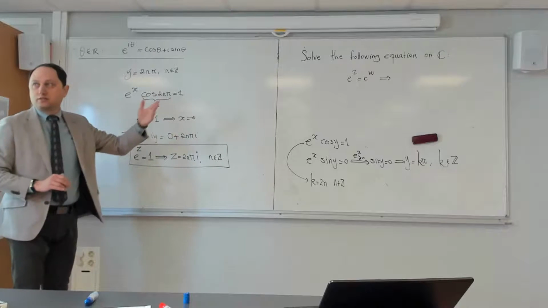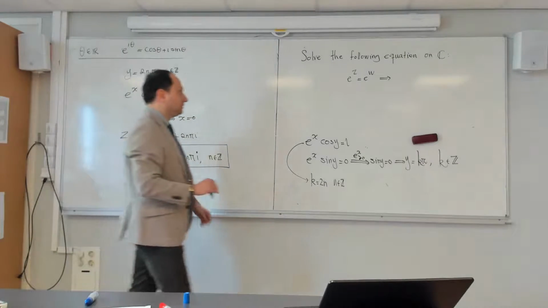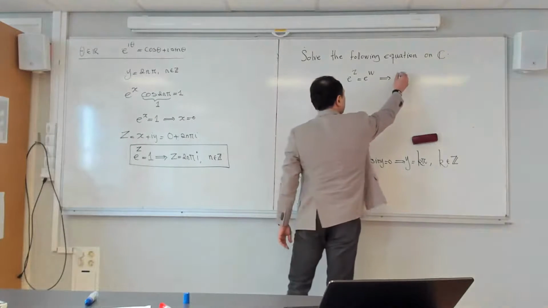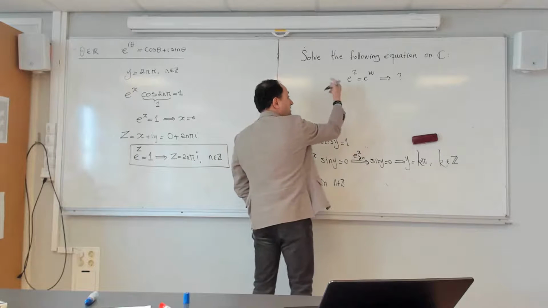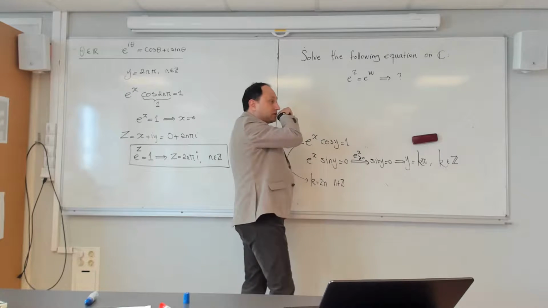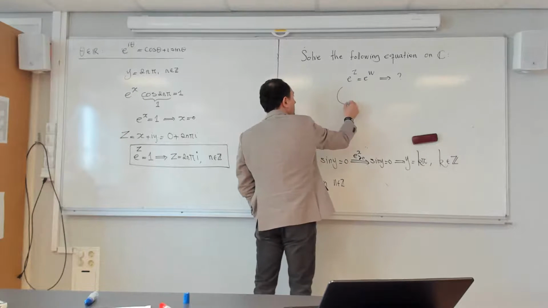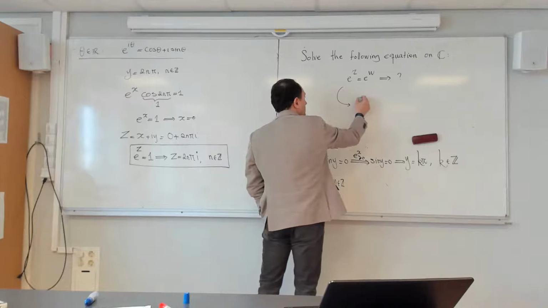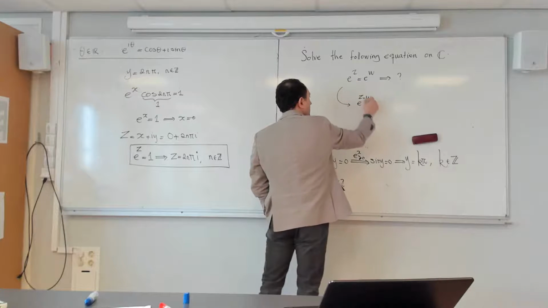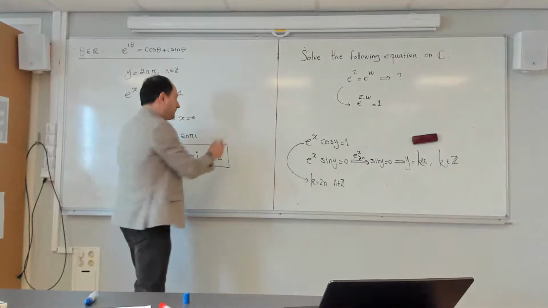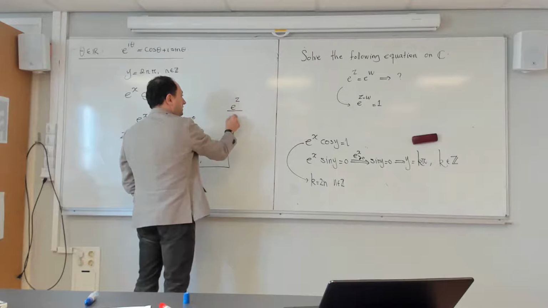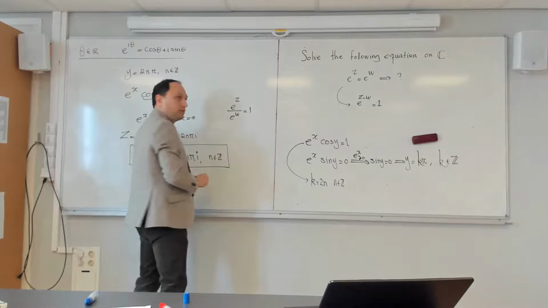So what is the natural step to do? We replace e to power z with 1. No, because z is given, I cannot replace it. But I can write it in this form. Let me write this to see if you agree with me or not. Do you agree from this I can conclude this is 1? Yes, because if they are equal, it means that e to power z divided by e to power w is 1.